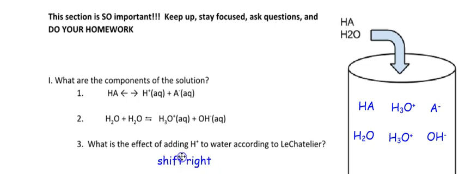That's going to have something to talk about in a later part of this section, when we talk about percent dissociation, percent ionization. We're going to go back and refer to this question right here. It's going to shift to the right, and so what does that mean? I'm going to make more H plus, aren't I? Yes, I will.